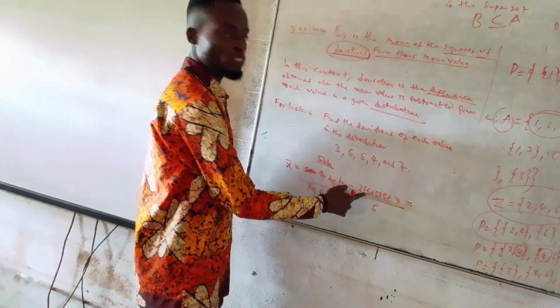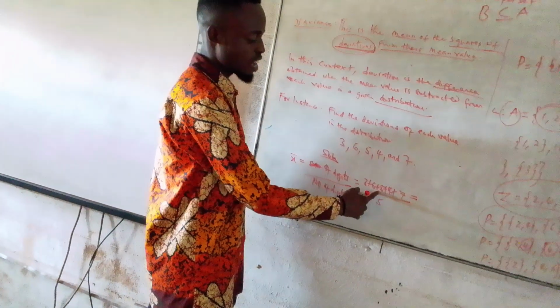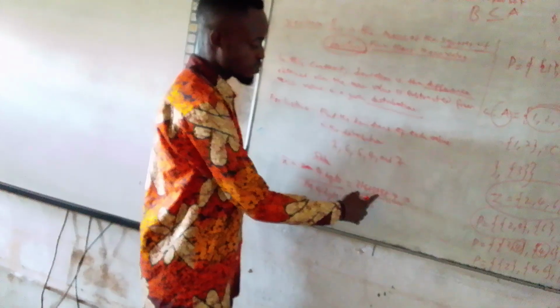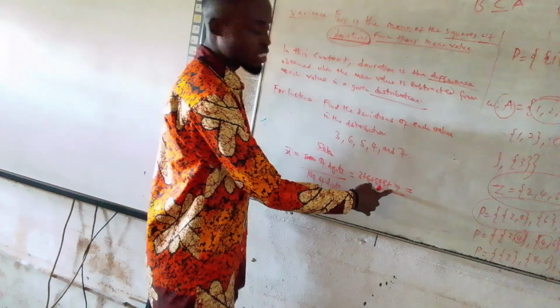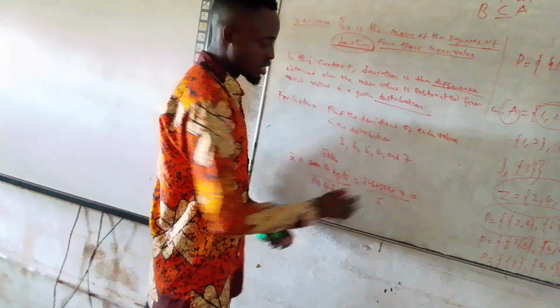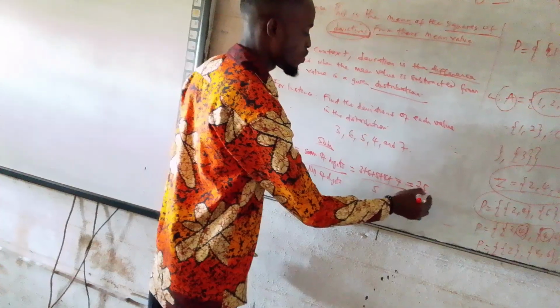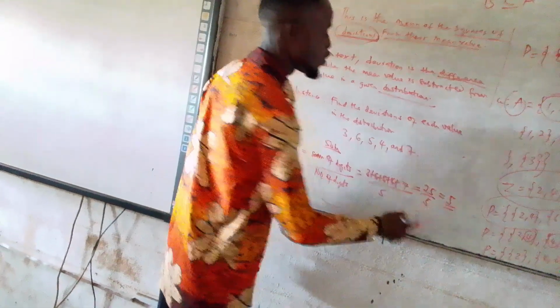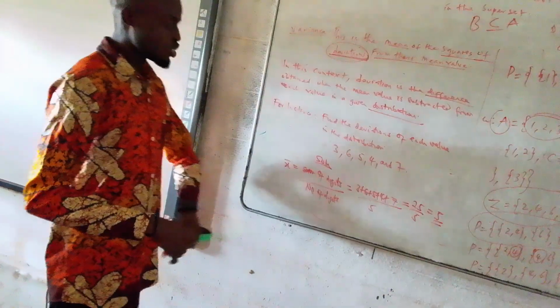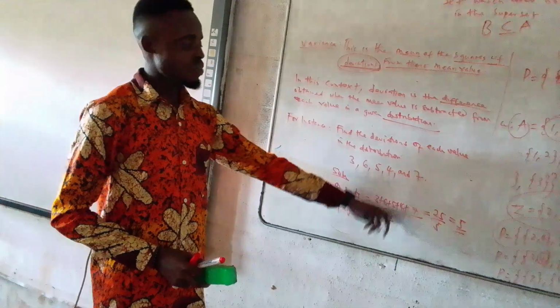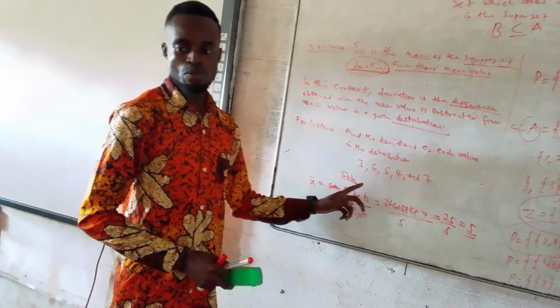So 3 plus 6 is what? 9. 9 plus 5, 14. 14 plus 4, 18. 18 plus 7, 25 over what? 5 equals what? 5. So 5 is the mean, right? So to find the deviation of each of these values, we have to subtract the mean from each of them.